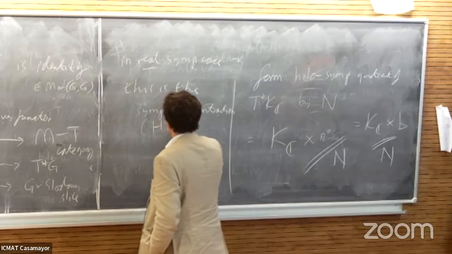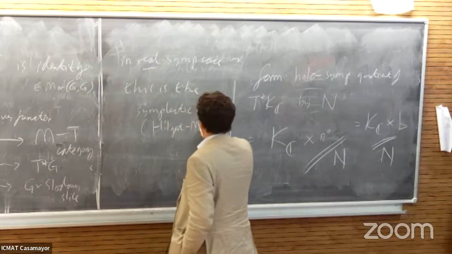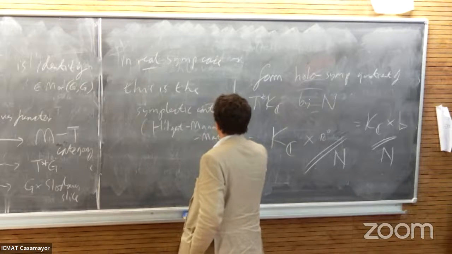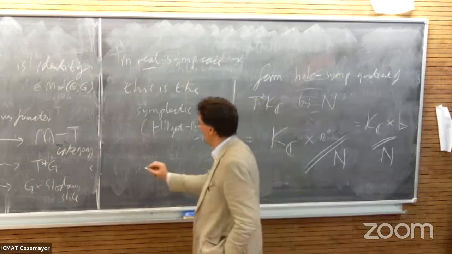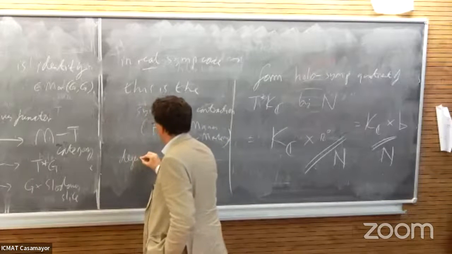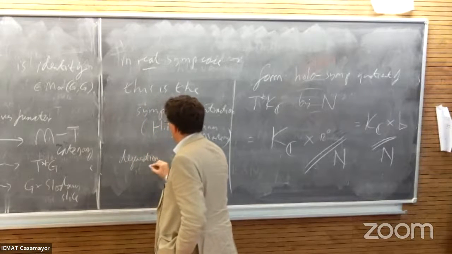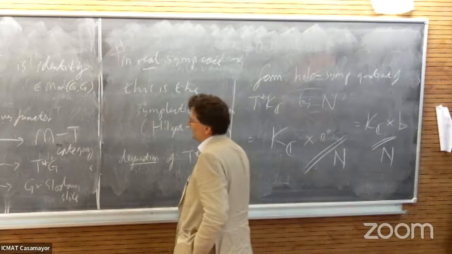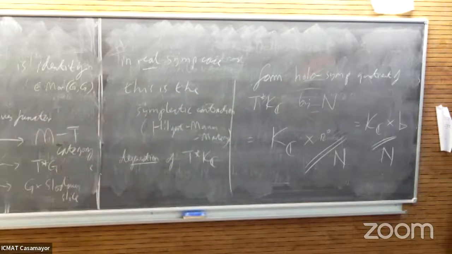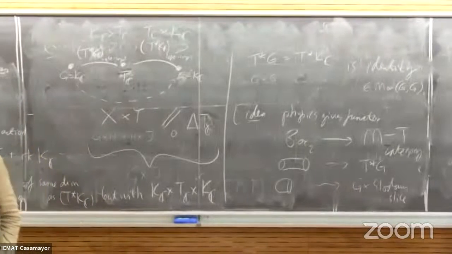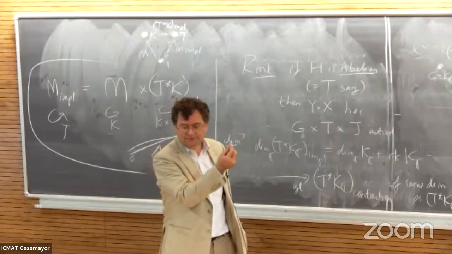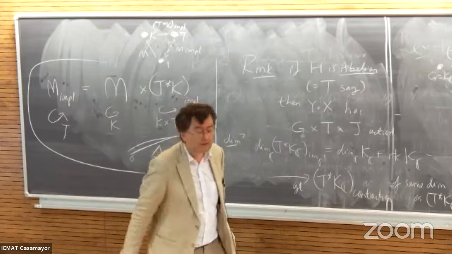This is due to Hilgert, Manon, and my collaborator, Martins. So we should think about this as a degeneration of T star KC. And again, this is very reminiscent of what was in Jacques' talk. It's a way of degenerating T star KC so that in the singular limit, you're picking up an extra abelian action.